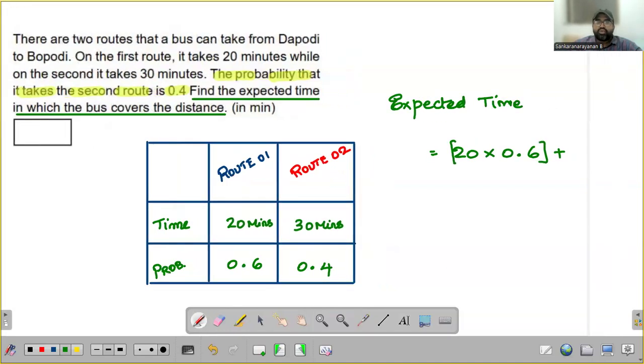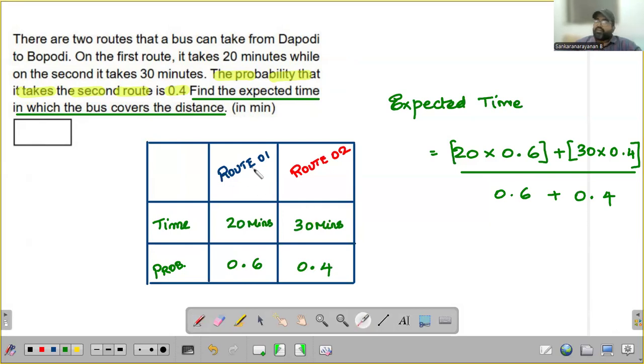Okay, what is the route 2 time? 30 minutes. Its probability, that is 0.4, whole divided by this 0.6 plus 0.4, that is equal to 1. But anyway, I will write it 0.6 plus 0.4. For these types of questions, this is the method.